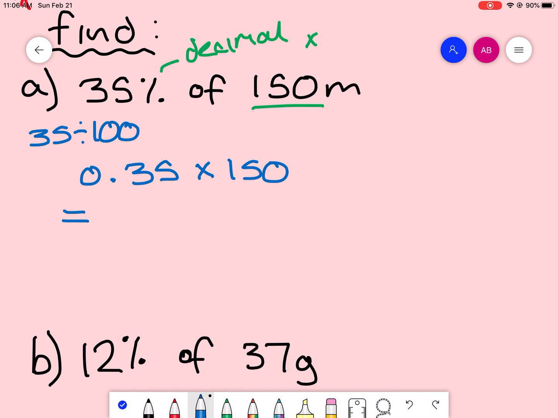Now, there is other ways that we could do these questions, but I want us to stick to this decimal form because it will come in really handy when we look at questions a little bit later on, especially as we go up to the Nat 5 level. So the decimal is 0.35 times 150, pop that in the calculator and we get 52.5 coming out. All we need to do is put those metres on the end to get our units in, and that's our final answer.